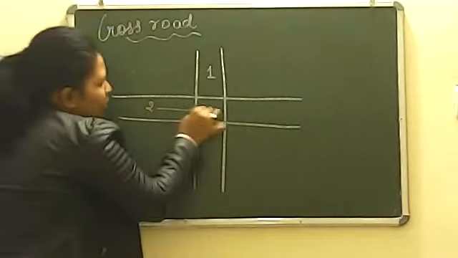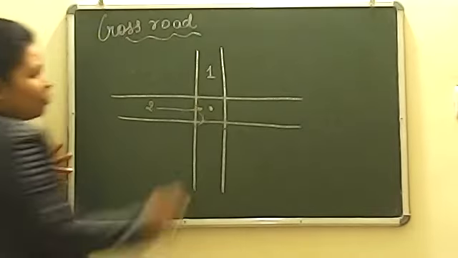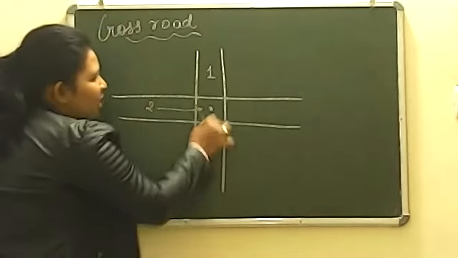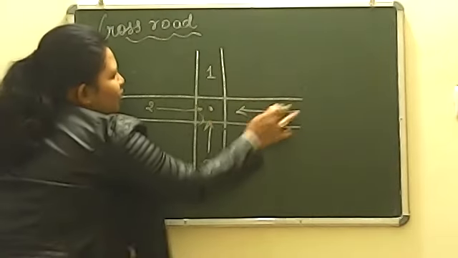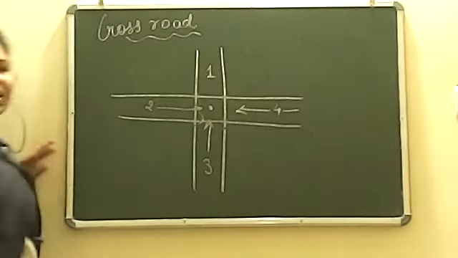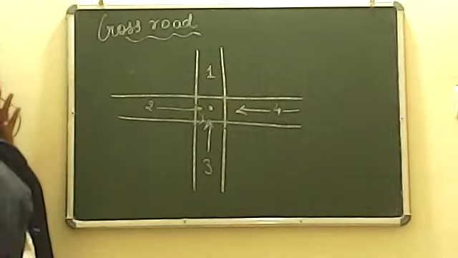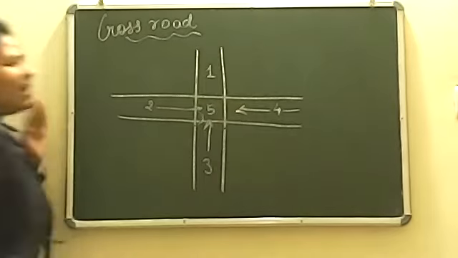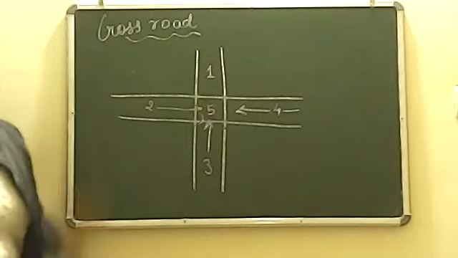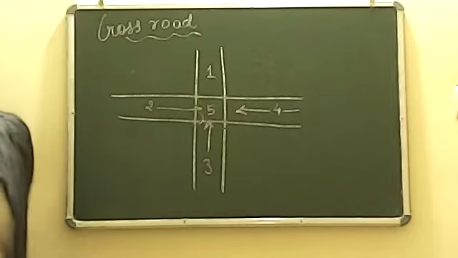Road number 2 is also coming to this place. Road number 3 is also coming to this place only. And road number 4 is also coming to this place only. It means what is the common area? If I give this name as 5, may I know from you all what is the common area in this? What is common in all?